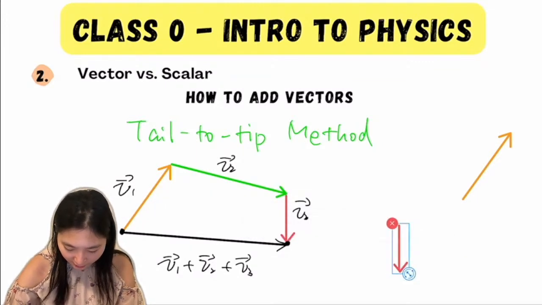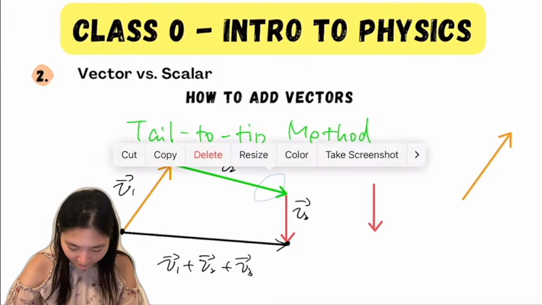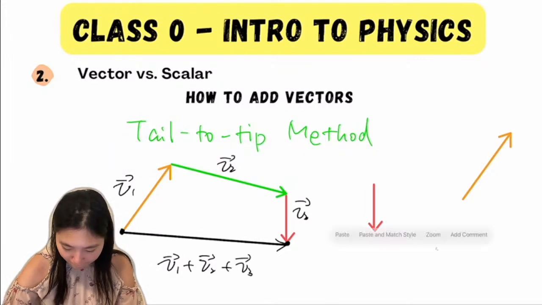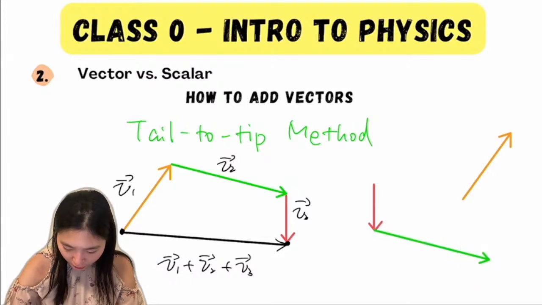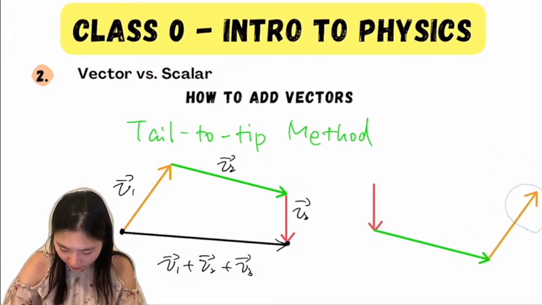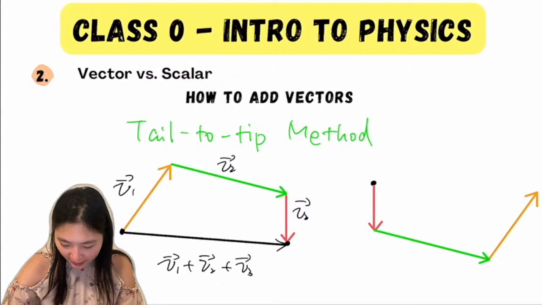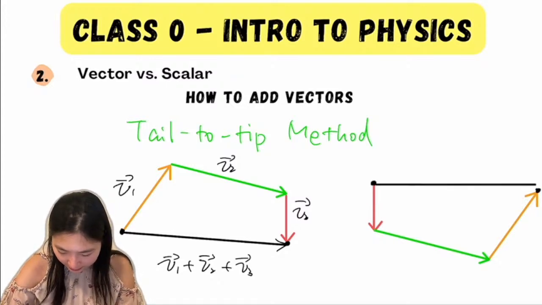Let's say I start from vector 3 and then add vector 2 on top of it, and then I add vector 1. Again, I start from the tail of vector 3 and end at the tip of vector 1. Let's try to connect it and see what's going to happen.